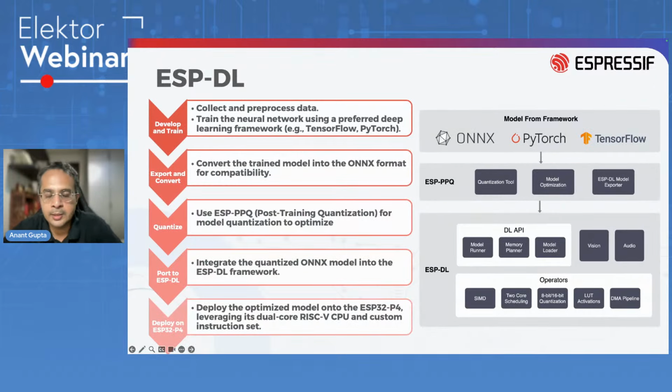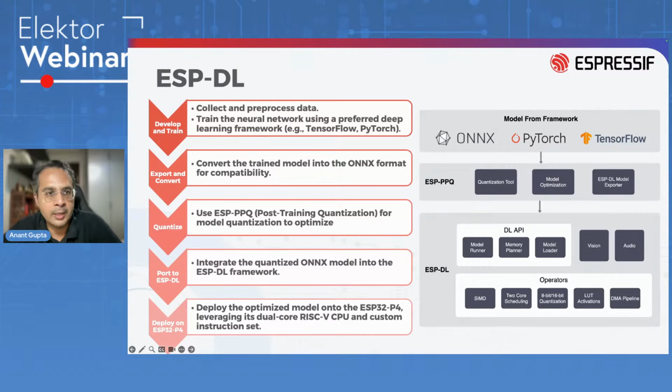One of the most important things I want to talk about today is ESP-DL, our deep learning library. What we have tried to do here is create a flow for users to map or port their models for inferencing onto the ESP32-P4.